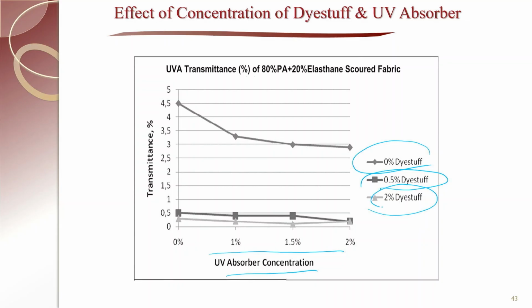You can see the UV transmittance is reduced as the UV absorber concentration increases. With 0% dye stuff, transmittance is very high, and as the dye stuff percent increases, the transmittance reduces.